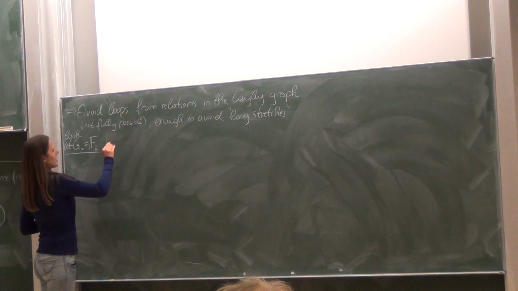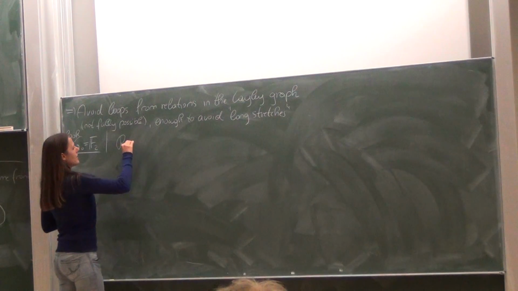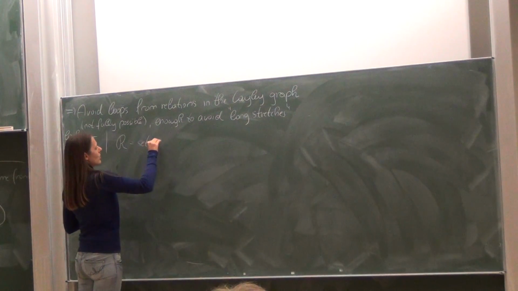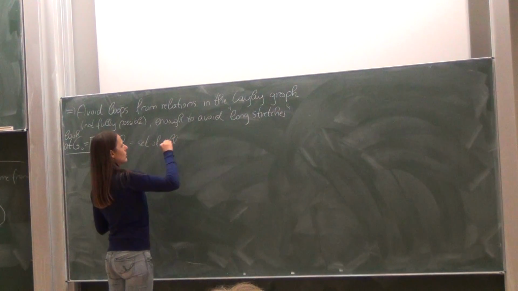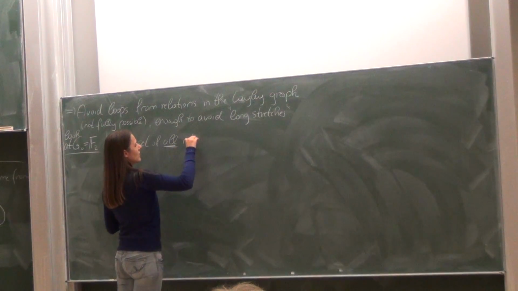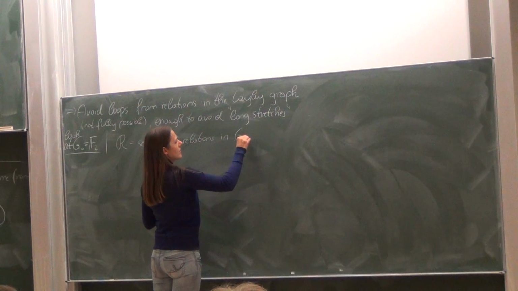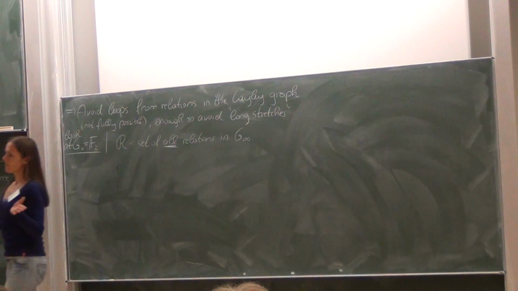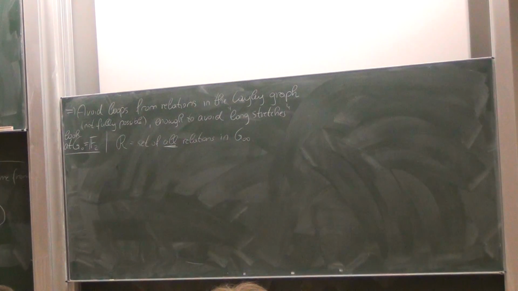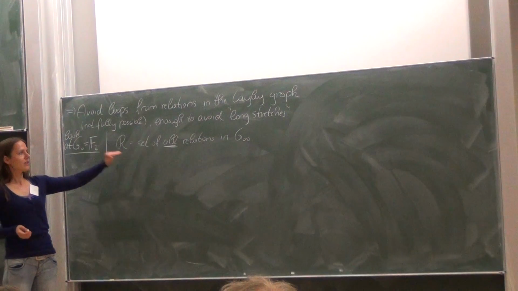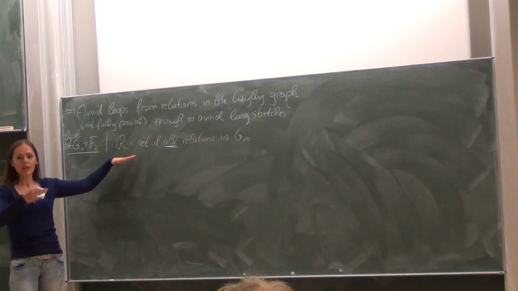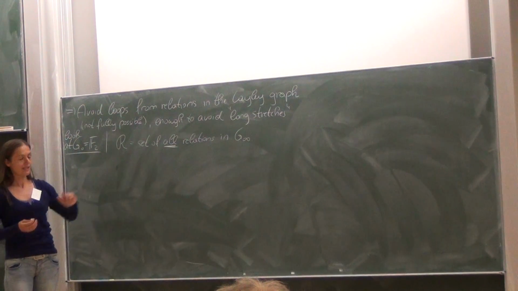And we take R, the set of all relations in G infinity. Okay, so if we want to investigate this unbounded group, we are given the group we started with, and we do already know what the set of relations we added along the way looks like. So we have this full set.